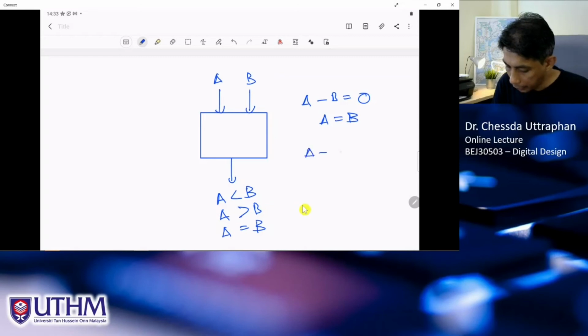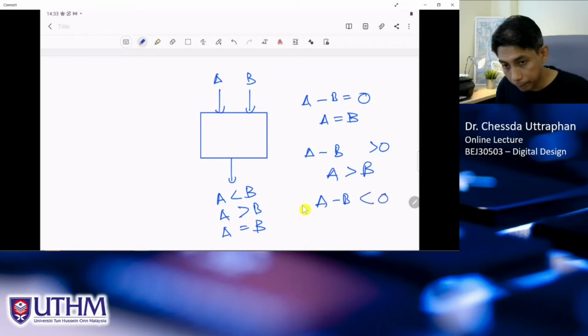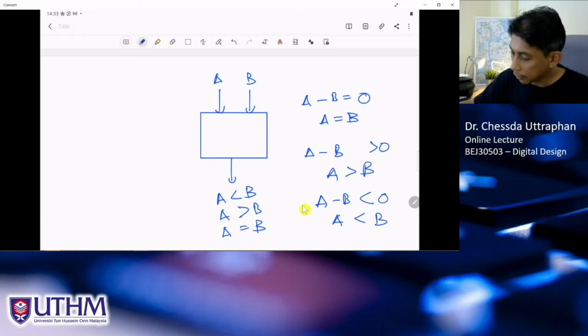If A minus B is positive, or more than 0, A must be greater than B. If A minus B is less than 0, A must be less than B. All right, so we can use a subtractor to do the comparison.